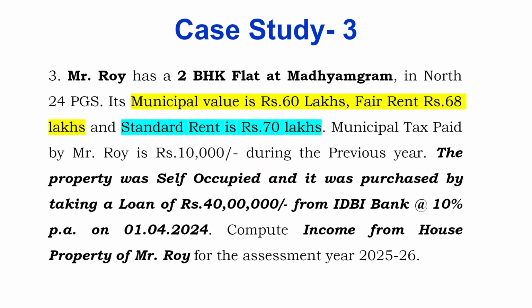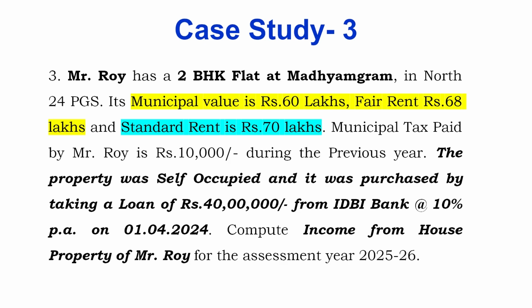Now, let's see another case study. Here, Mr. Roy has a 2 BHK flat at Madhyamgram in North 24 Parganas. Its municipal value is rupees 60 lakhs, fair rent is rupees 68 lakhs, and standard rent is rupees 70 lakhs. And municipal tax paid by Mr. Roy is rupees 10,000 during the previous year.